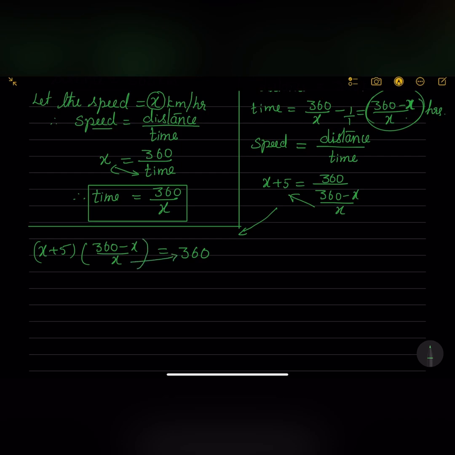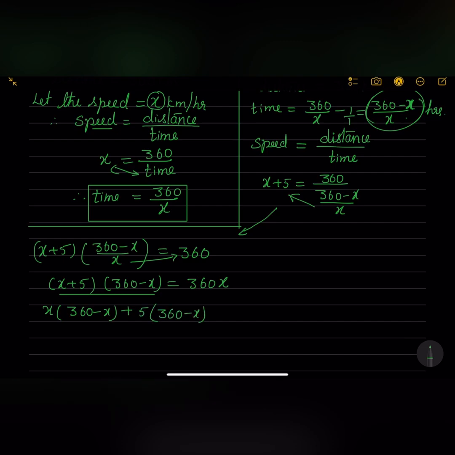If we cross multiply this x, we'll get x plus 5 into 360 minus x is equal to 360x. Let us multiply x plus 5 and 360 minus x. So we are going to get x into 360 minus x plus 5 into 360 minus x is equal to 360x.